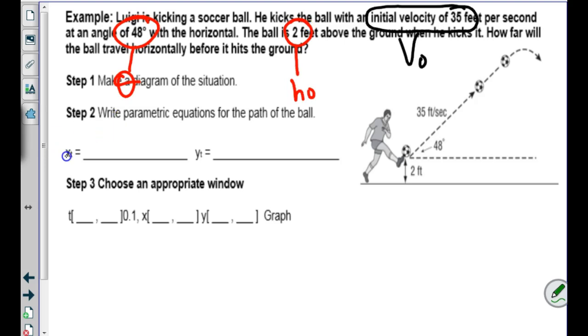All right, so on your reference sheet, it says for x, you type t times v sub 0, which is 35, times the cosine of the angle. For y, what does the reference say to do?